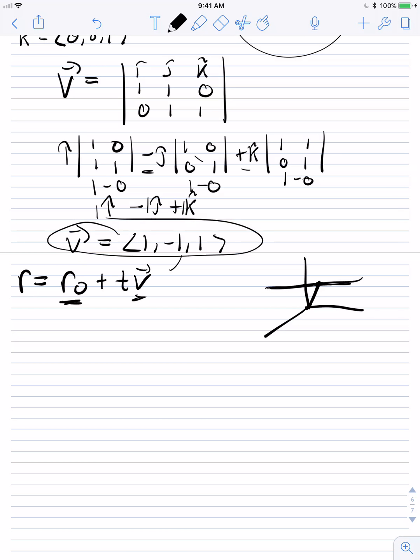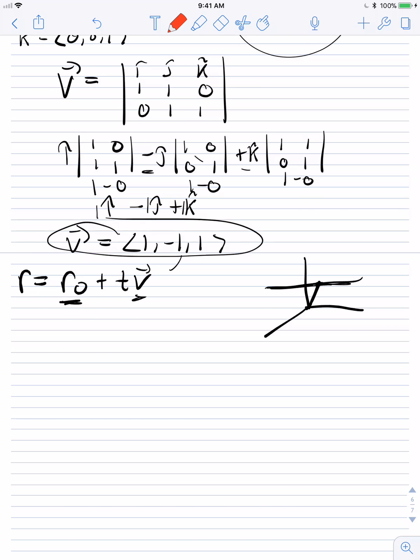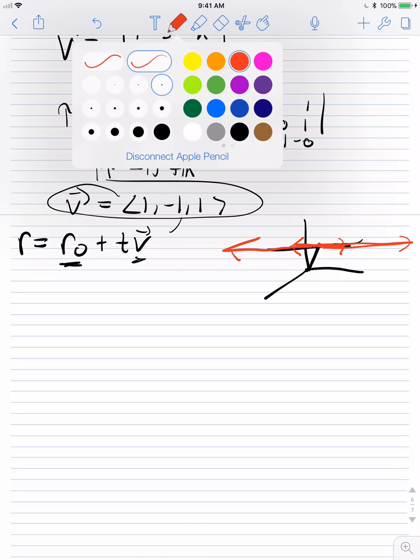So that means v would be parallel to this line. If I added plus tv, a positive t value would be somewhere this way, and a negative t value would be somewhere this way. Depending on how big or how negative the t value is, it could go all the way out either way. And we can see that it is on a line. So that is why this is our equation of the line.